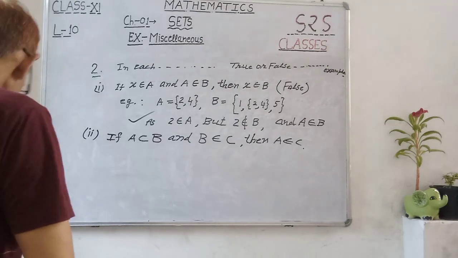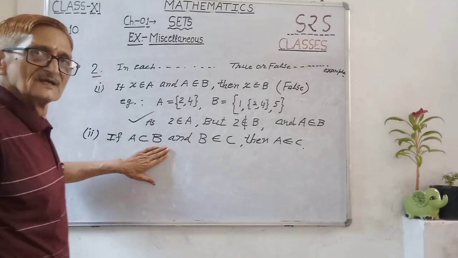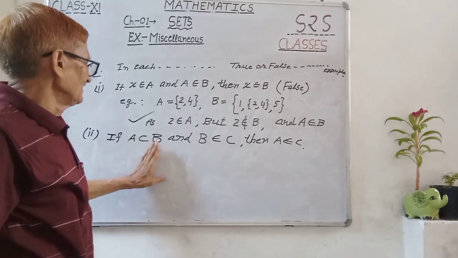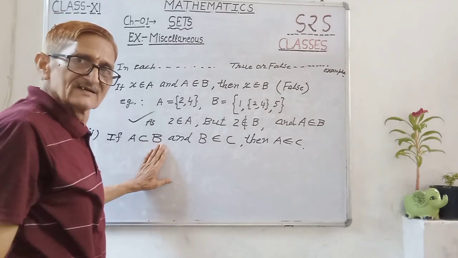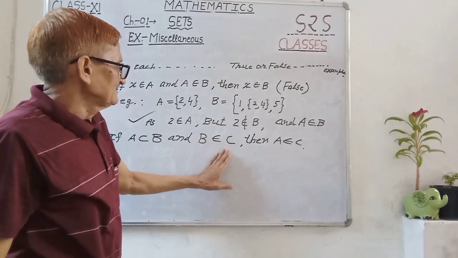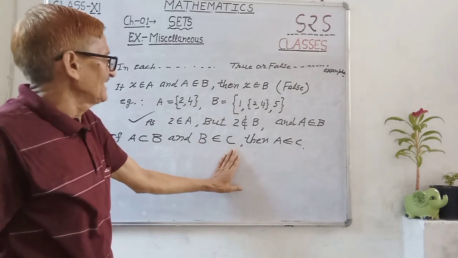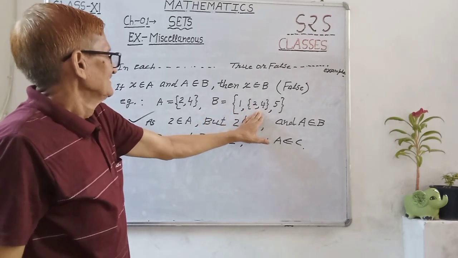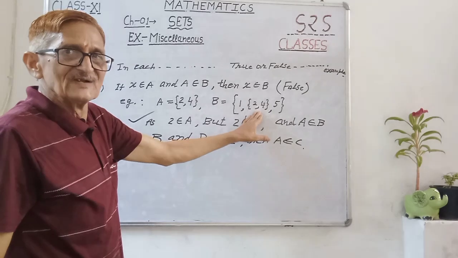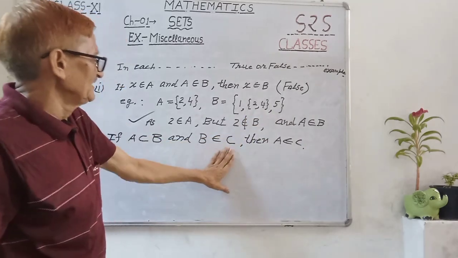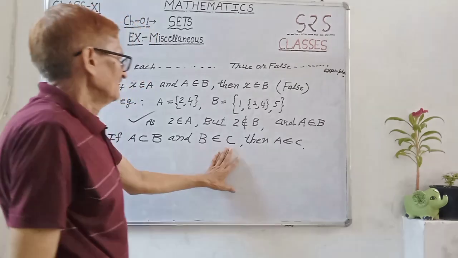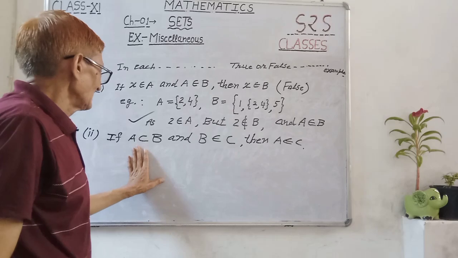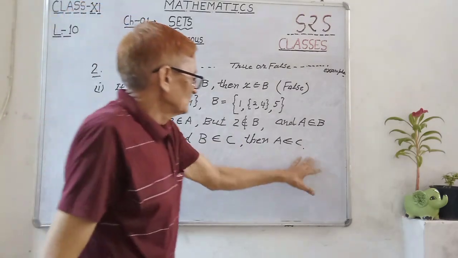A is the subset of B. See this. Set A is the subset of B, meaning all elements of set A are in B. And B is the element of set C. Like in the first part, set C has B completely as an element. See, here also B is completely in C. Then it is asking whether set A belongs to set C.